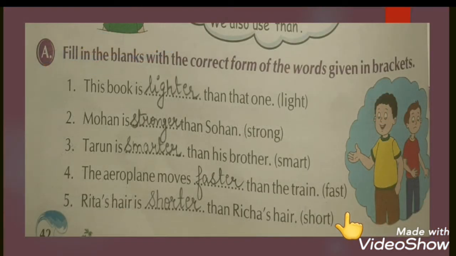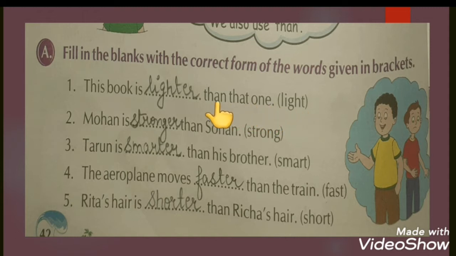So now we will do a book exercise. Fill in the blanks with the correct form of the words given in brackets. So we have to fill the blanks according to the words given. This book is dash than that one, and the word light is given.